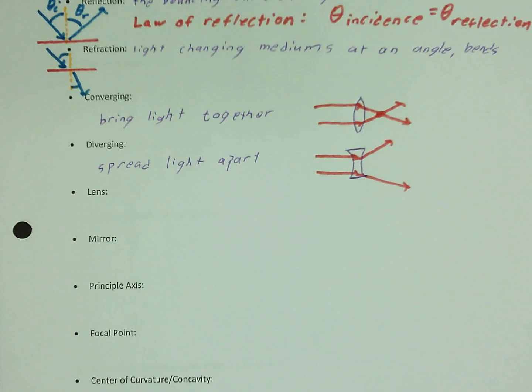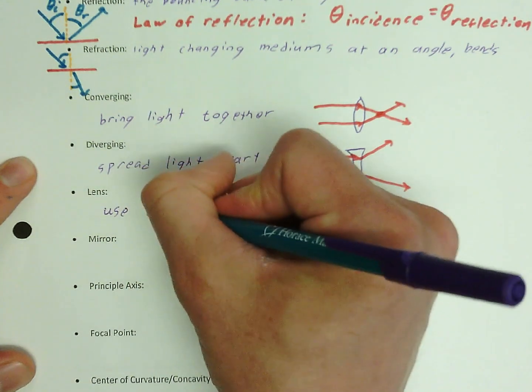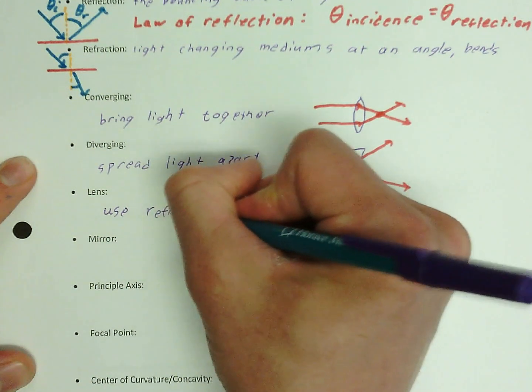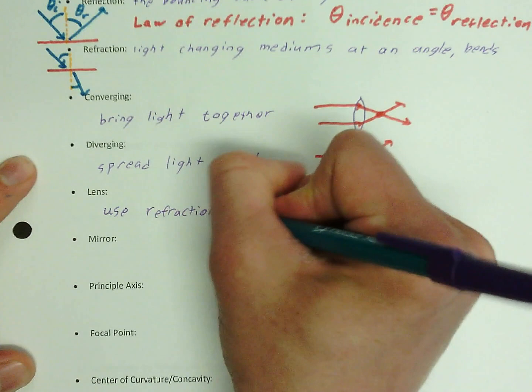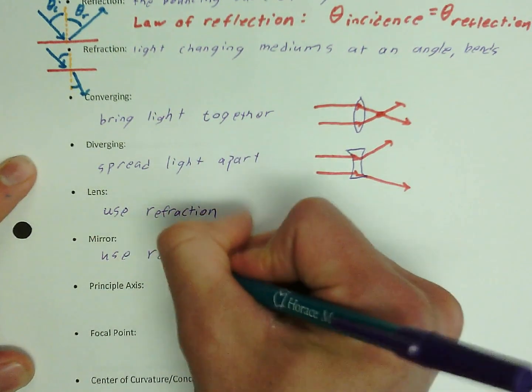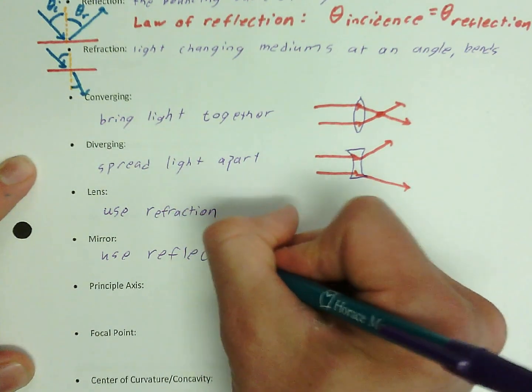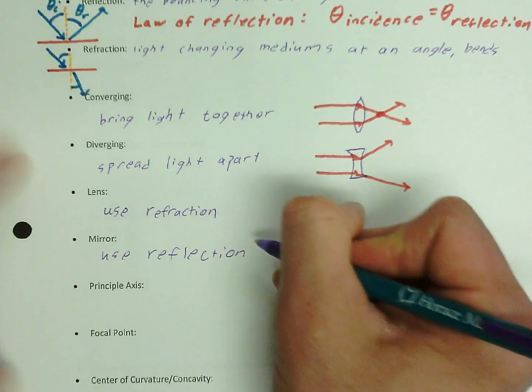Okay. Lenses use refraction to bend light. Mirrors use reflection. So lenses make images using refraction, and mirrors make images using reflection.